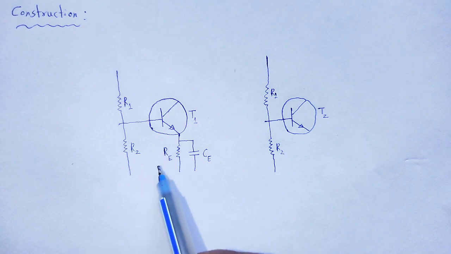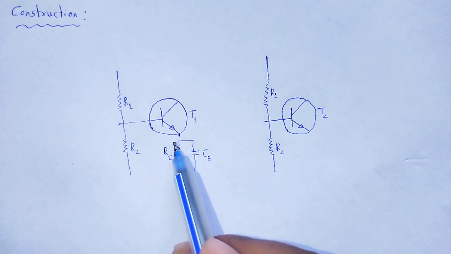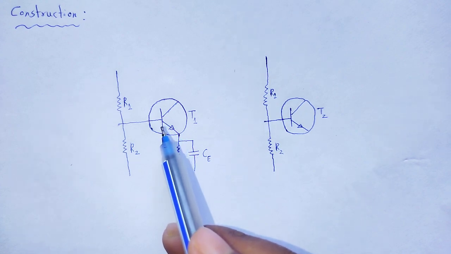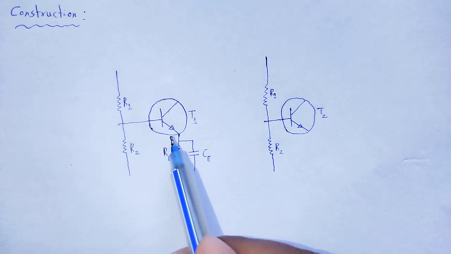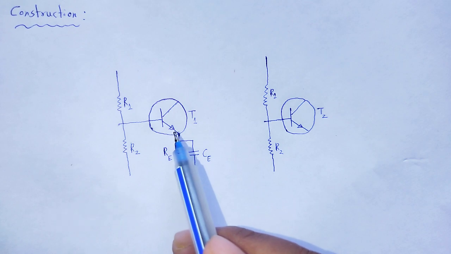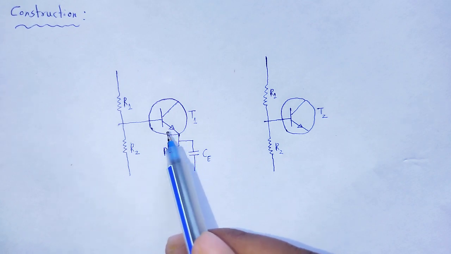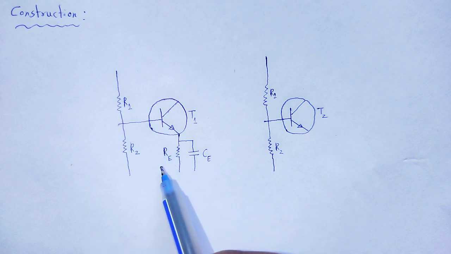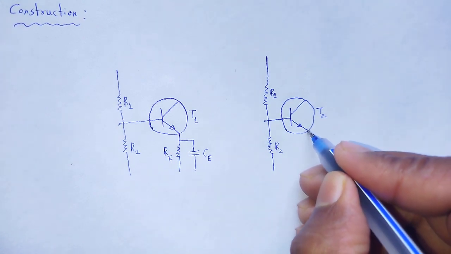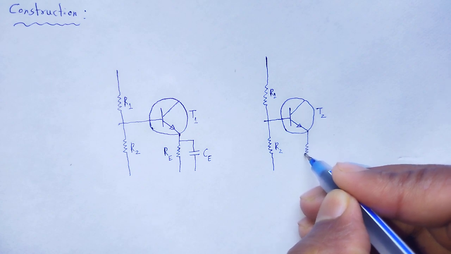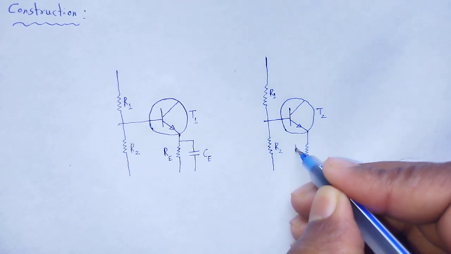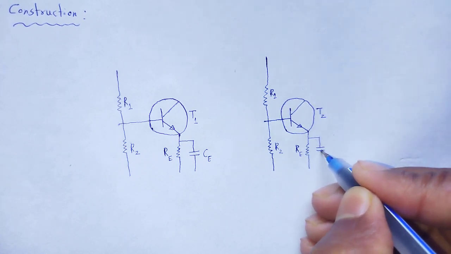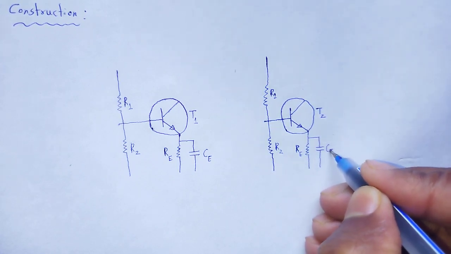That Re is used to fix the Q point, which means it provides proper stabilization to the transistor. To fix that Q point we use Re. Similarly, for transistor T2, the capacitor Ce.